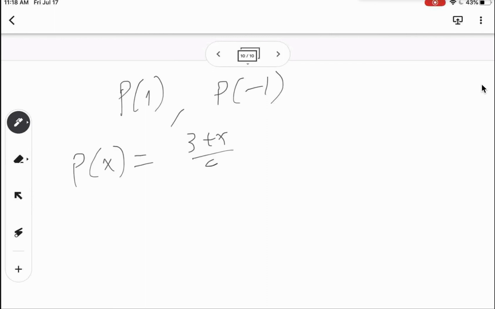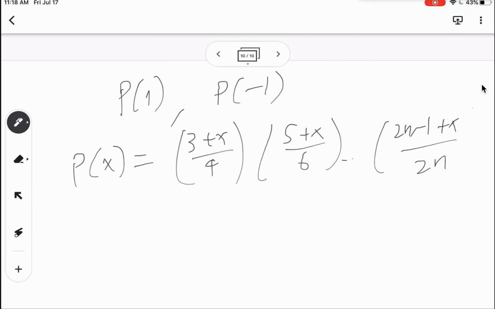Now let's see if we can calculate P of 1 and P of negative 1. First, P of 1. P of x equals (3 plus x over 4) times (5 plus x over 6) all the way to (2n minus 1 plus x over 2n).